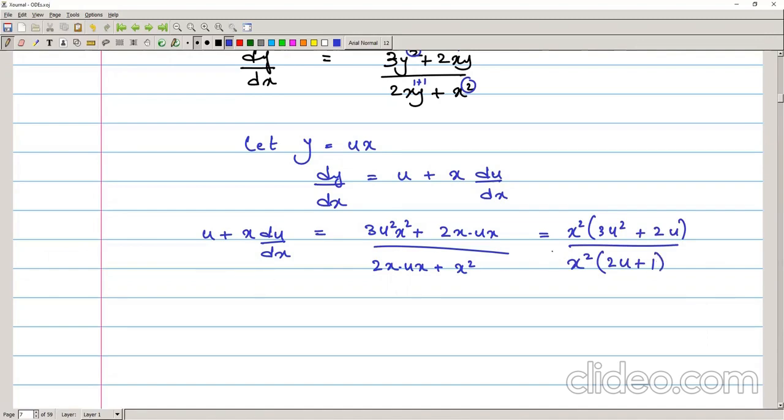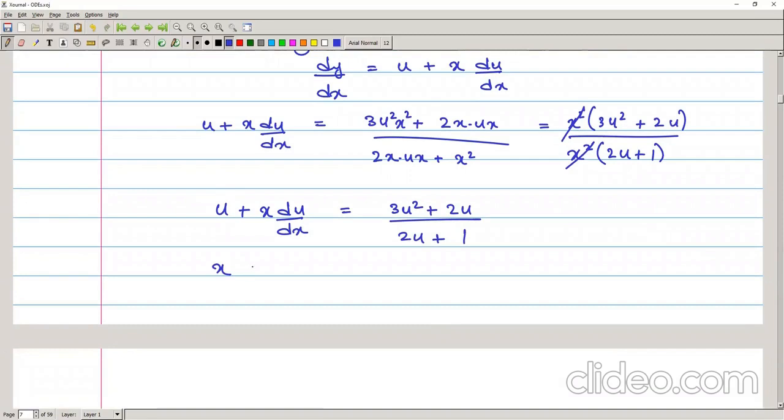So now we can cancel out x squared and x squared. So you're left with u plus x du over dx is equal to 3u squared plus 2u divided by 2u plus 1.